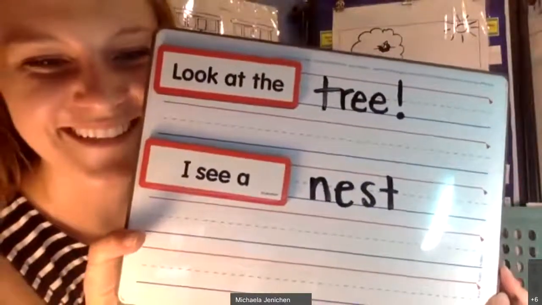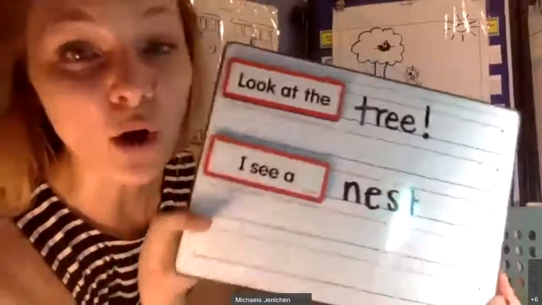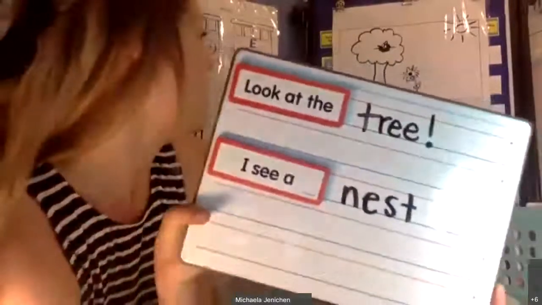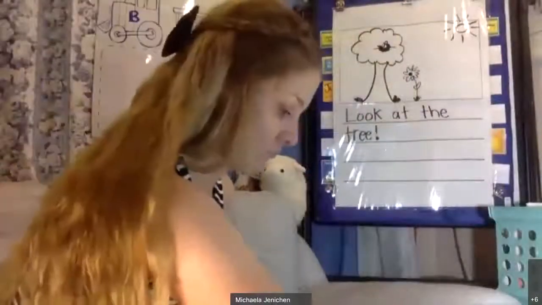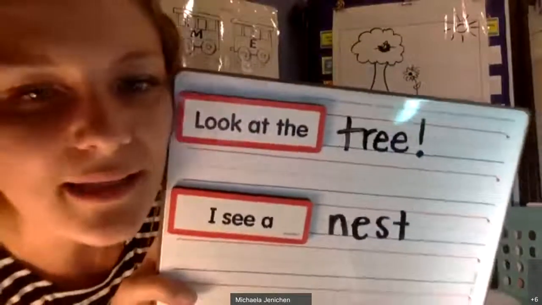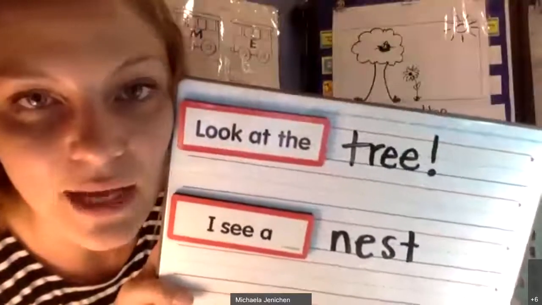I see a nest. I'm going to write it bigger so you can see it better. Yeah? Or maybe you're writing something different, like I see a flower. Oh no, that doesn't make sense. I'm sorry, because you wrote tree. I see a nest, but you could also write and a flower if you wanted to.